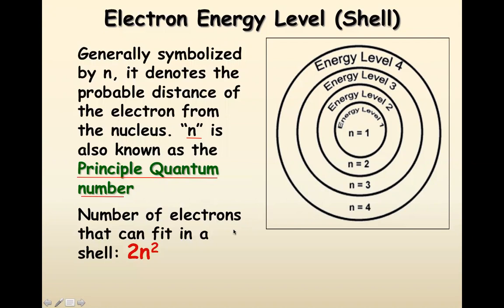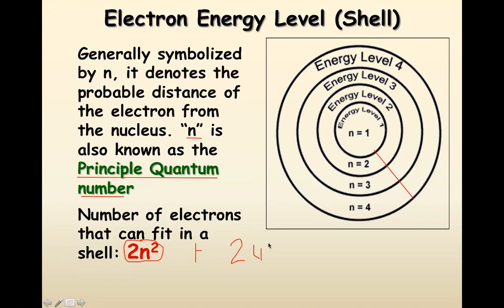The n is used to find the number of electrons that can fit into any shell, and each of these principal quantum numbers is called an energy shell. You can use this little calculation right here: 2n squared. So if you had energy level 1, you would say 2 times the number, which would be 1, and then squared.